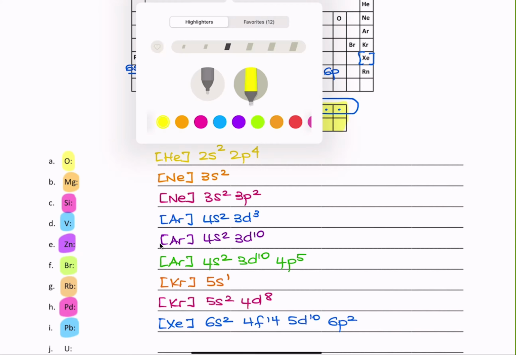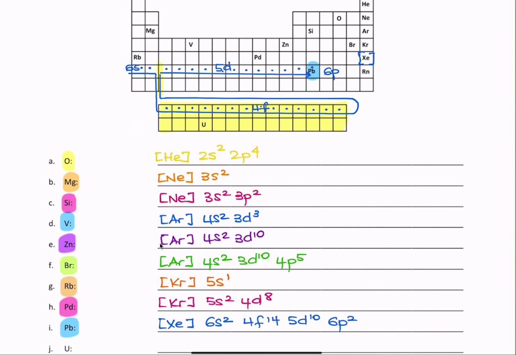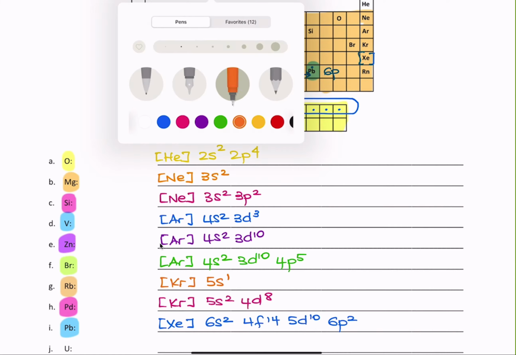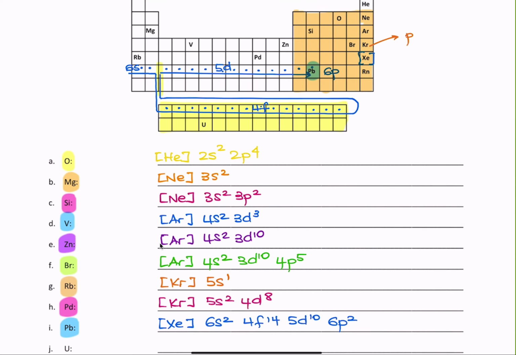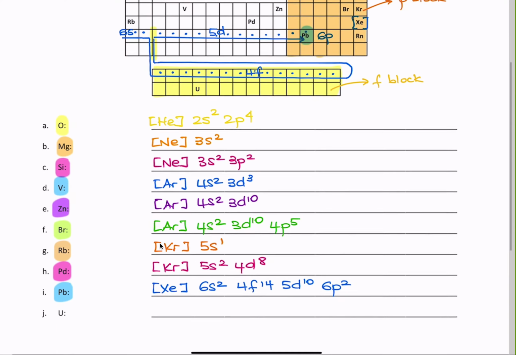Do not forget that here, that's your p block in orange right there, okay? And in yellow below, the F block.